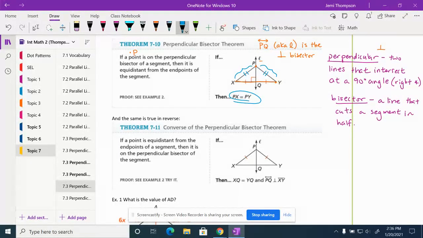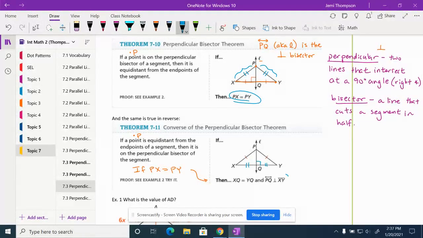What this book calls theorem 7.11 is the converse of the perpendicular bisector theorem. So it just says everything in reverse. If a point, we'll call that P again, is equidistant to the endpoints of a segment, so if PX is equal to PY, then it is true that this line is both perpendicular to the segment and bisects it.